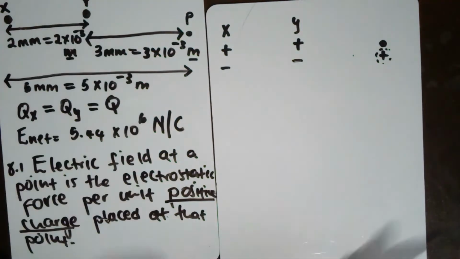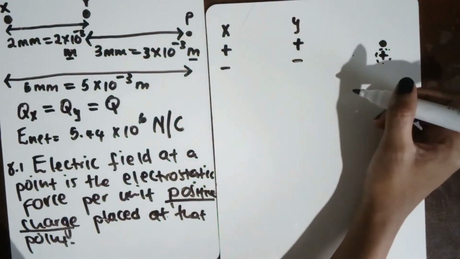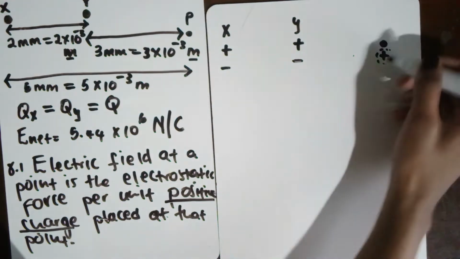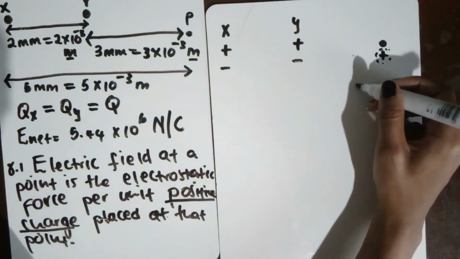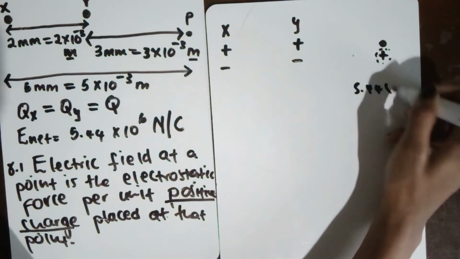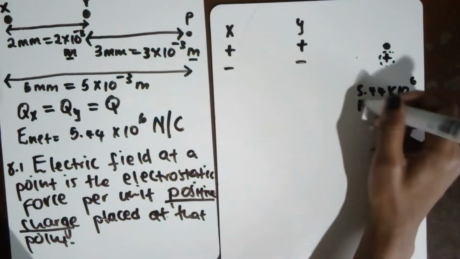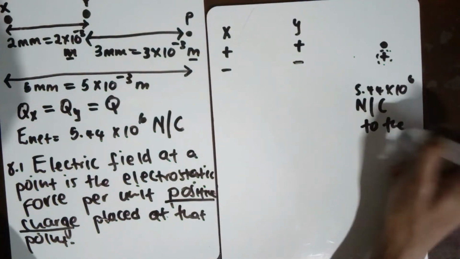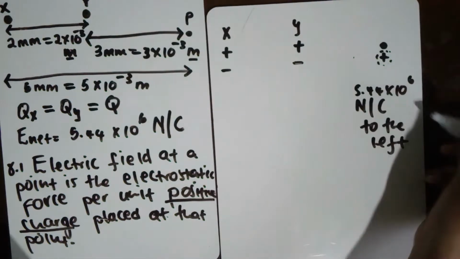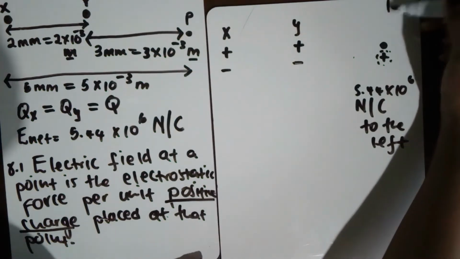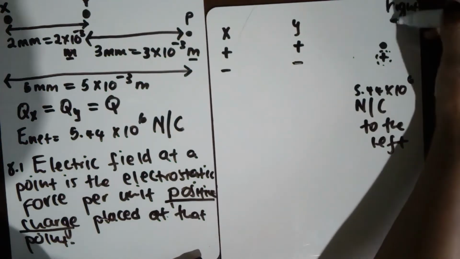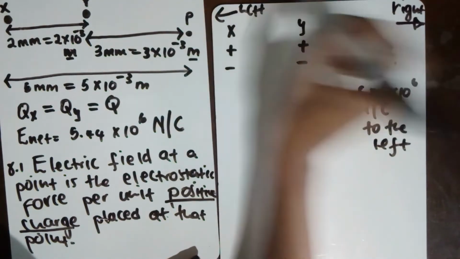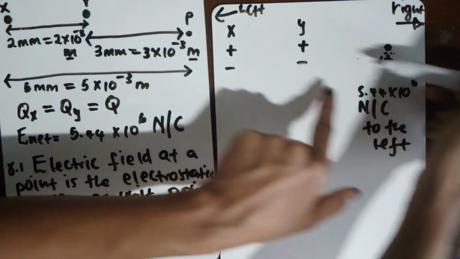And they said to us that the net electric field strength that this charge experiences is 5.44 multiplied by 10 to the 6 Newton per Coulomb, and they said to the left. So we can say this direction is to the right, and this direction is to the left. It means this charge is moving to the left.